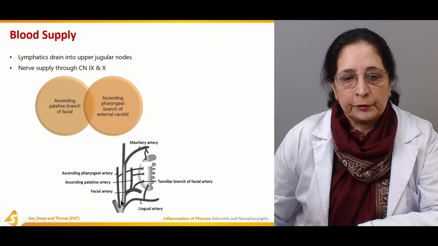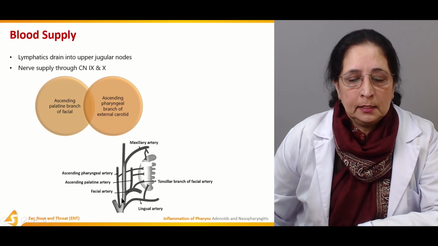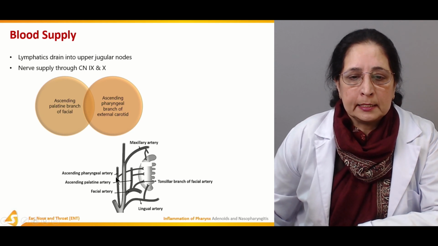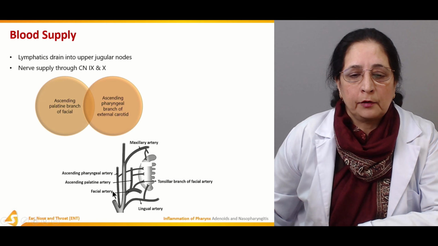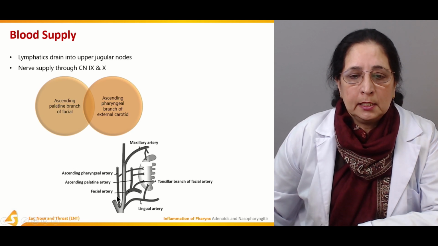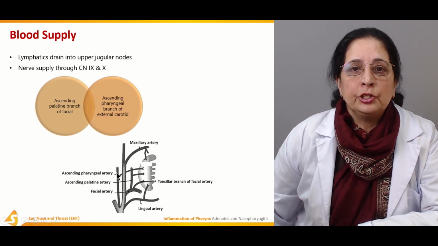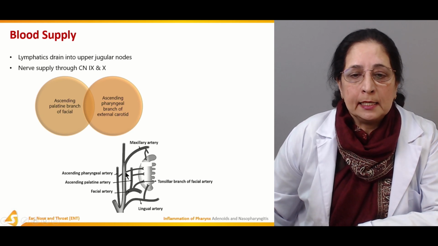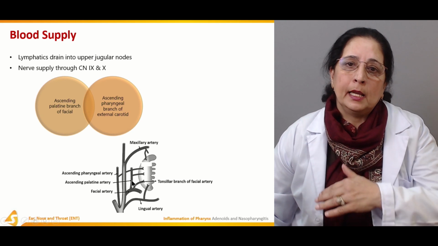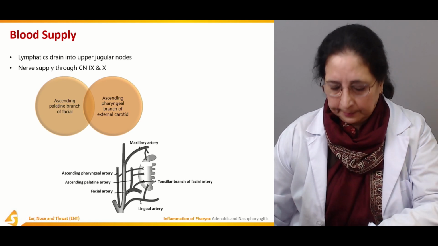So this big artery here is the external carotid, and this is the ascending pharyngeal artery. Then we have the ascending palatine artery. They both supply blood to the adenoids.